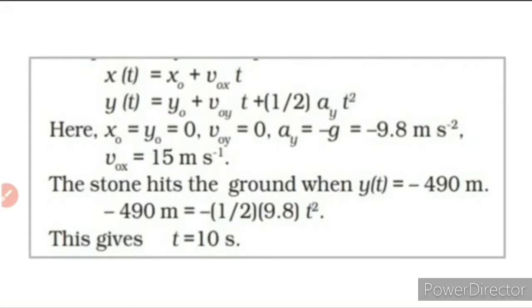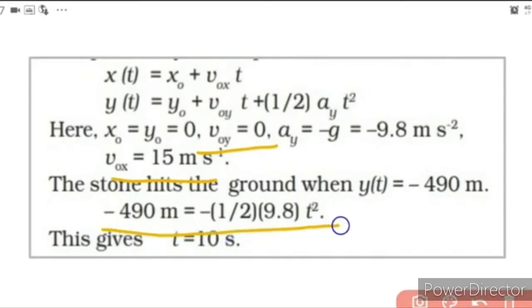When it is projected horizontally, V0x is 15 meters per second, and V0y is 0, because at the point of projection its vertical component is 0. So the first term in the second equation of motion becomes 0. So we will get t to be 10 seconds.